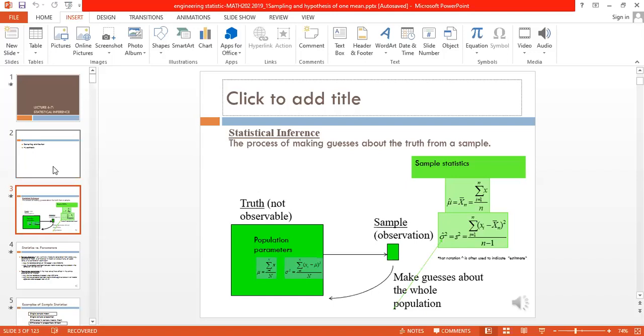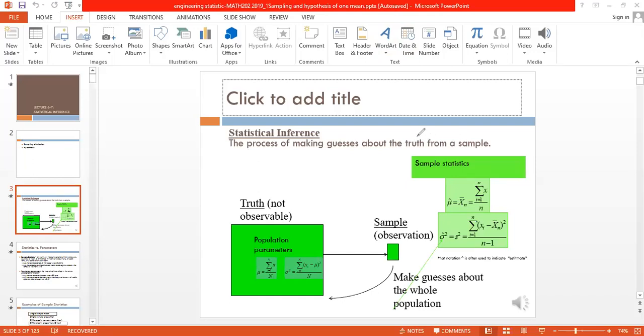Now, when we talk about statistical inference, we are talking about a process of making a guess about the truth, using sample information, or sample observations or data.